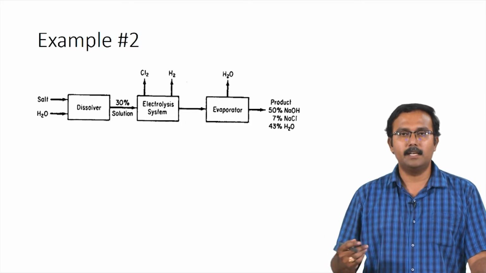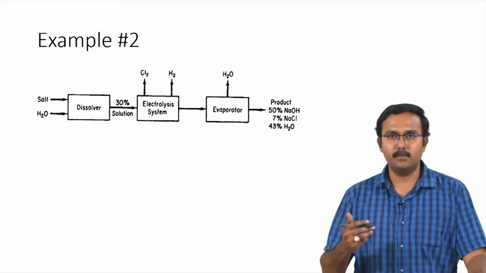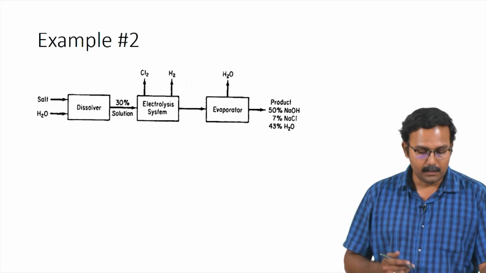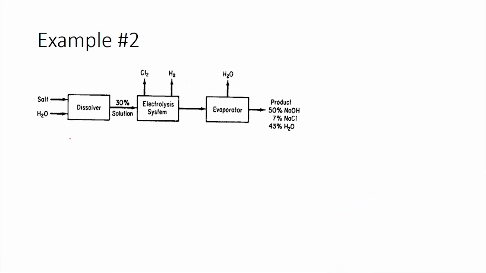Taking these into consideration, let us build the chemical reaction which would happen inside the electrolysis system. So, you have NaCl reacting with water to form NaOH plus chlorine plus hydrogen.